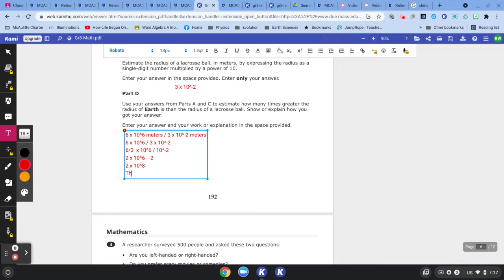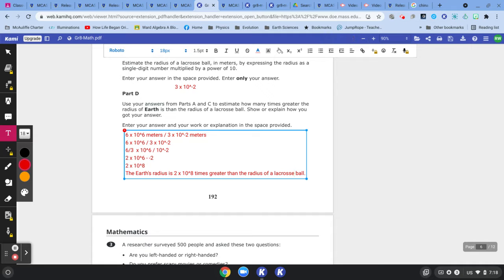And then we would state the Earth's radius is 2 times 10 to the 8th times greater than the radius of a lacrosse ball. By the way, when you are doing these open responses, please go ahead and finish things by just stating what the answer is at the end of it. That is one of the things that divides people between a 2 and a 3 on the score, or a 3 and a 4 on the score, and the score goes from 0 to 4.